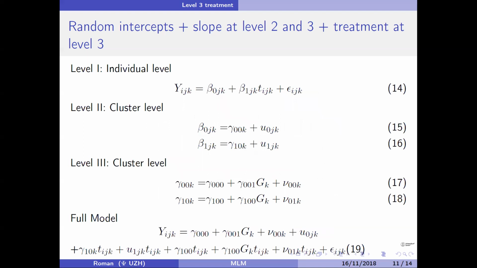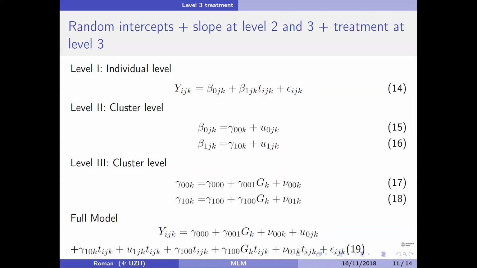Now I know this formula gets a little explosive here, but really all that we're adding to the intercept and slope formula we saw in the last set of slides is this term here, which is G sub k. This is my level 3 treatment condition. We see it right here, level 3 treatment condition. It's a 0 or a 1. If the therapist had the treatment, it's a 1.